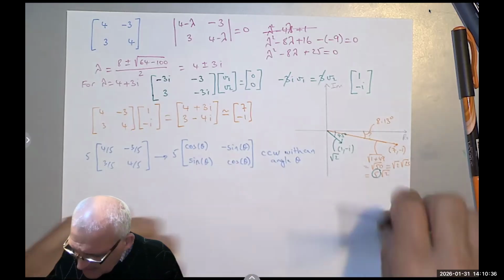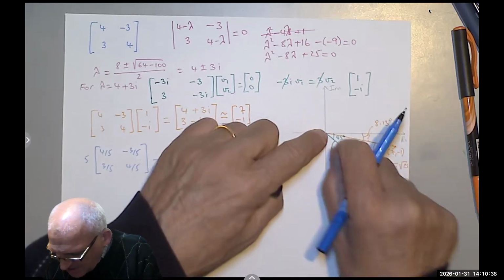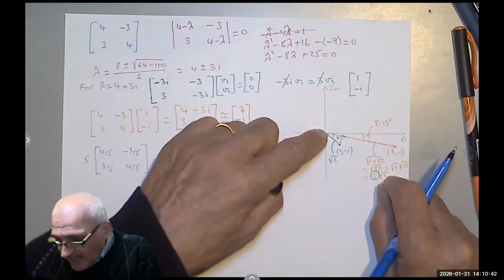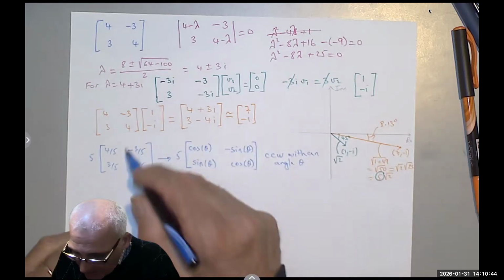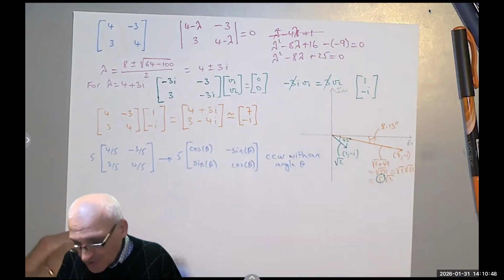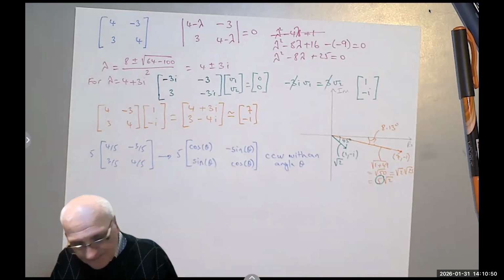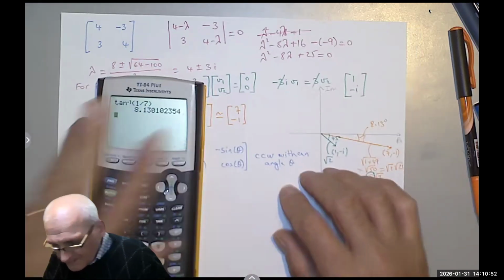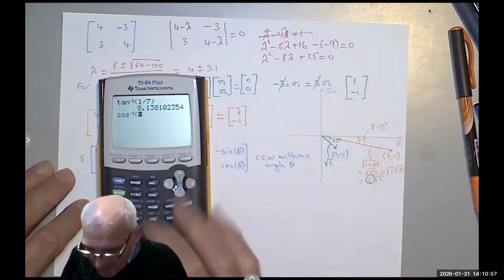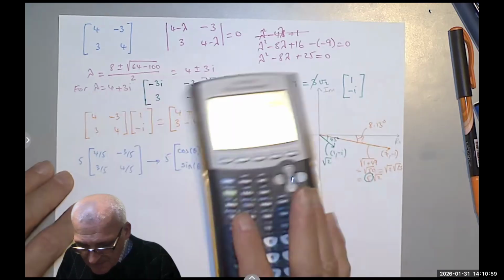That's it. So this vector, I stretched it 5 times to a length of 5 root 2 and rotated counterclockwise, meaning in this direction, approaching the 0 through an angle inverse cosine 4/5.